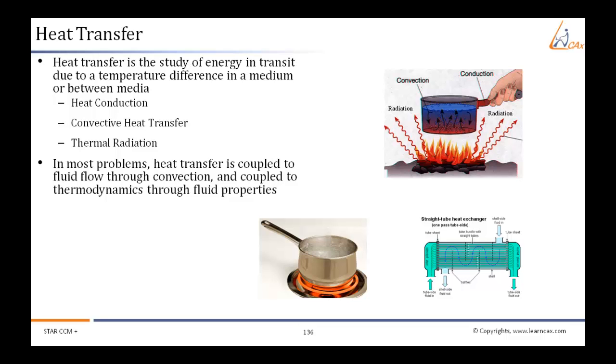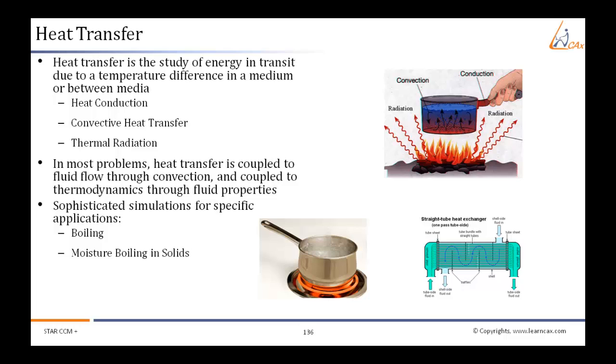StarCCM Plus provides additional models that let you create sophisticated simulations for specific applications. Boiling, where you are interested in modeling the improved heat transfer due to boiling and the creation of the vapor bubbles has little effect on the flow.